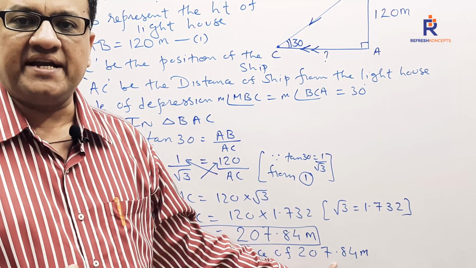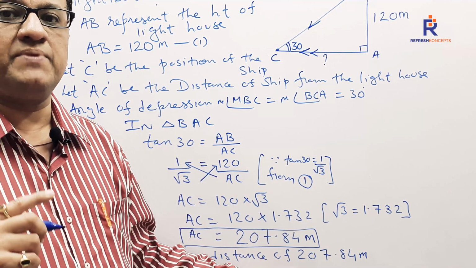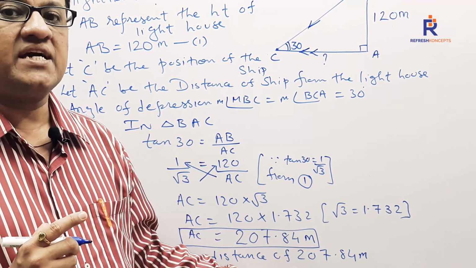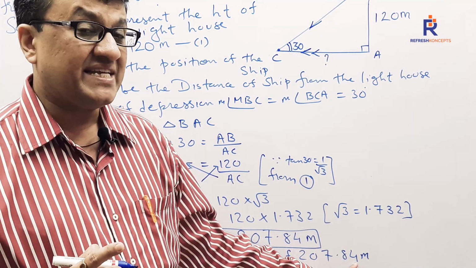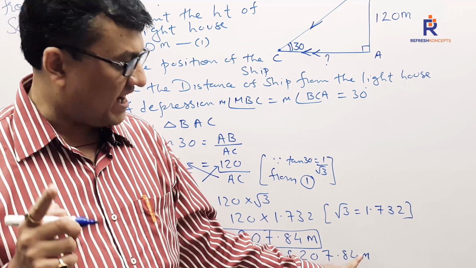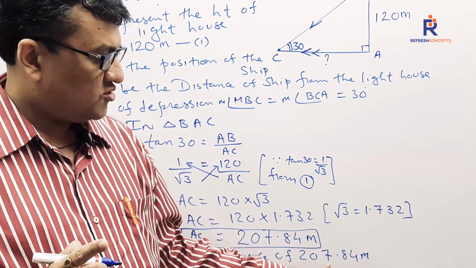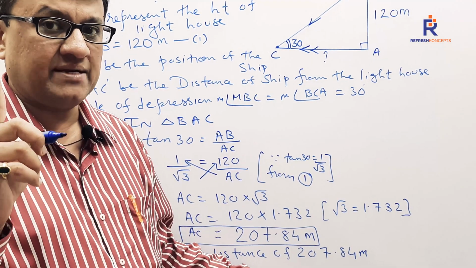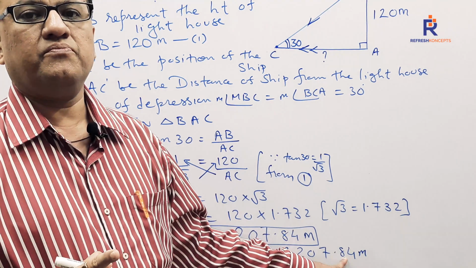One more question can be added: find out the answer correct to one decimal place. If they ask you correct up to one decimal place, I shall always focus on my second decimal. If the second decimal is 5 or more than 5, I shall increment the previous one by 1. But over here, it's not the case. So if I would like to write down correct up to one decimal, my answer would have been 207.8 meters.